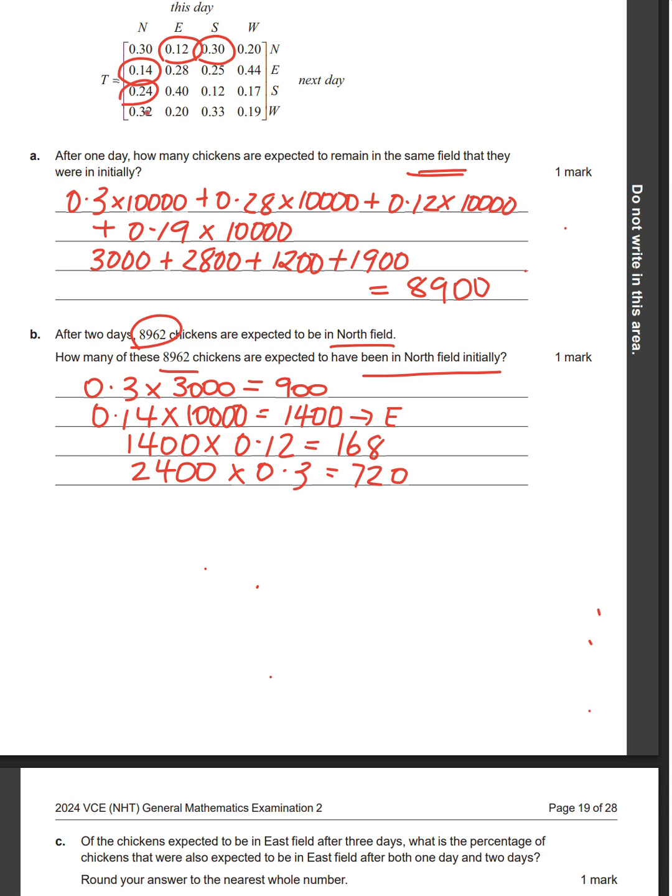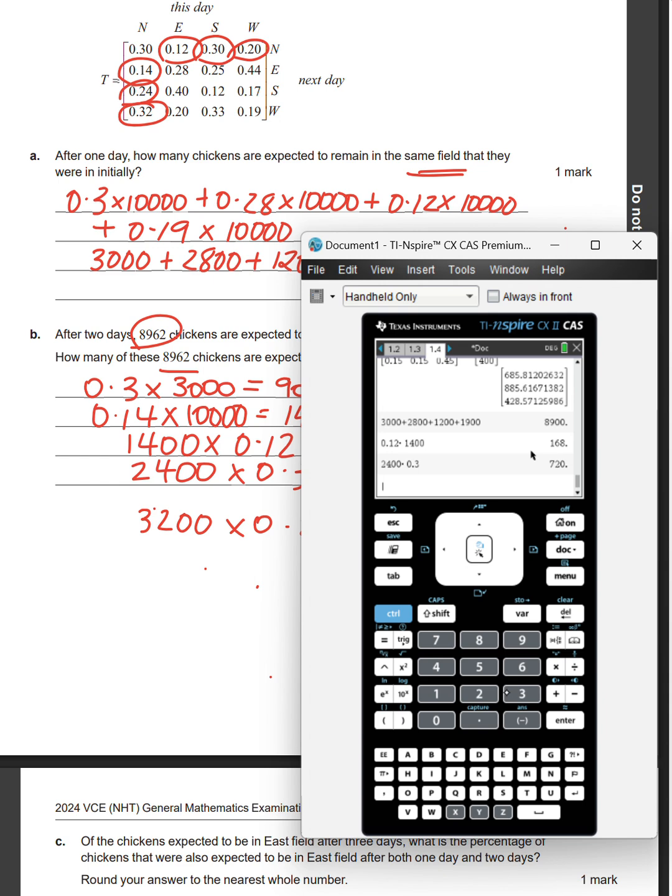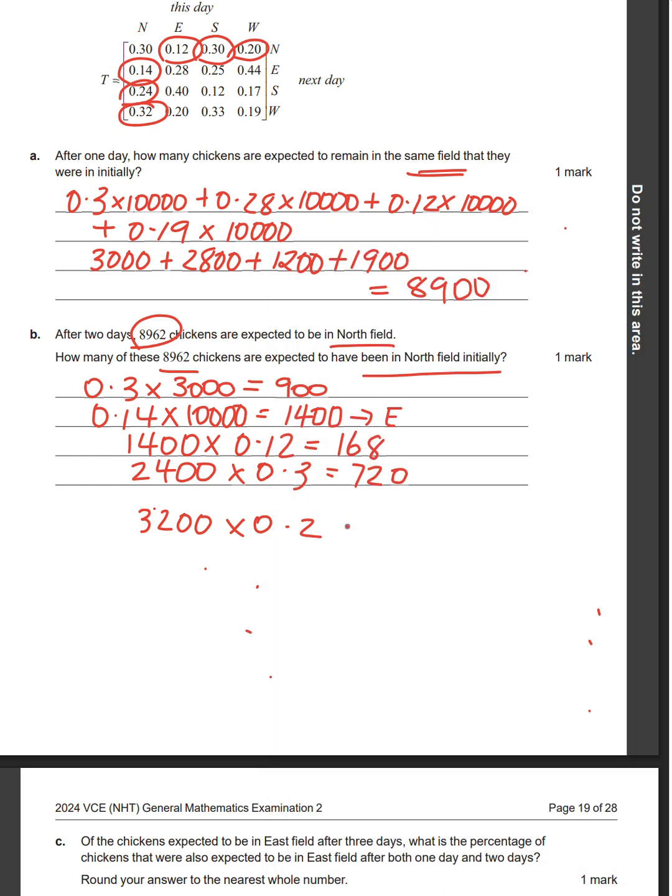Okay, and then we had the ones that went to west. So 3,200 went to west, but 20% came back. So that's 640. And then we just have to add those up. We had 900 plus 168 plus 720 plus 640.